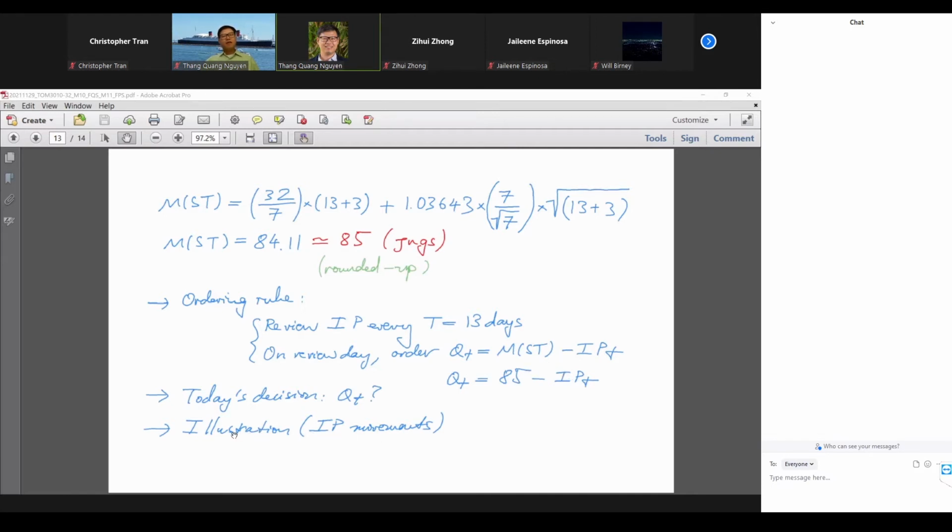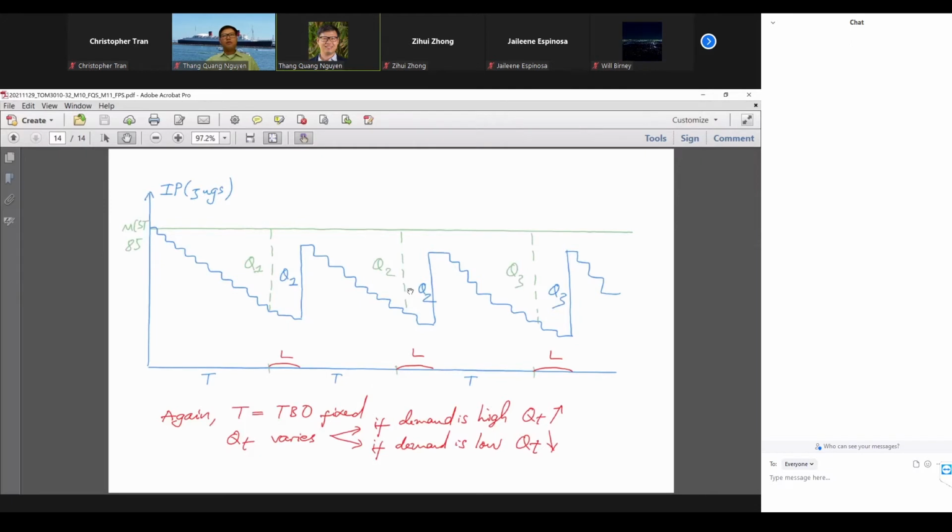Okay, and finally, we need to do the illustration on how the system works. So to help you, I drew the illustration right here. So earlier we talked about the MAD, which is 74. But this time around, we try to have a higher service level. So we raise the maximum level to be higher than before, right?